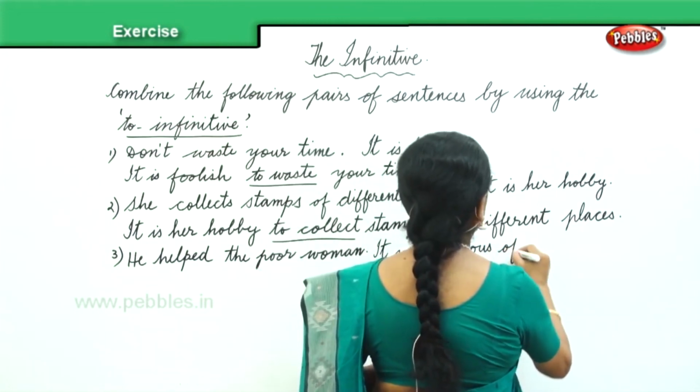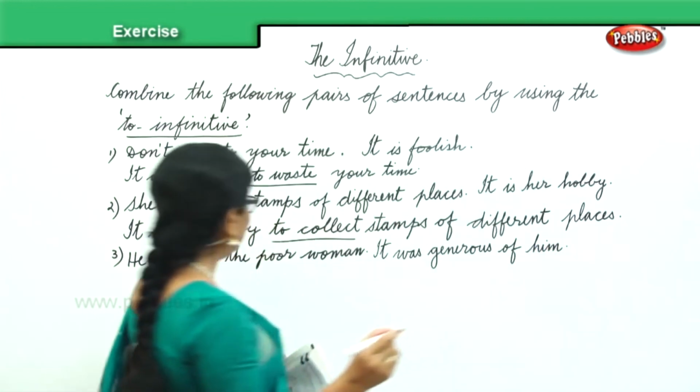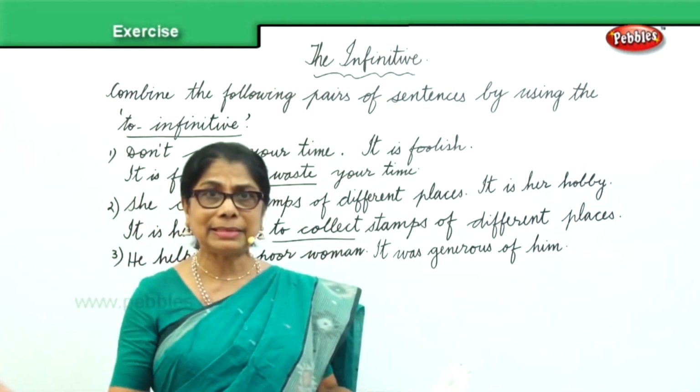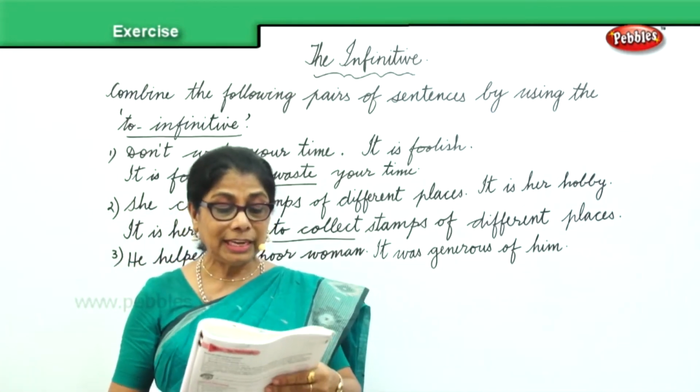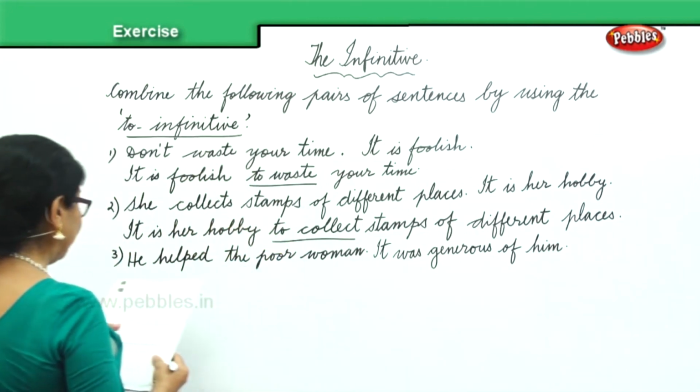It was generous of him. So if we have, he helped the poor woman, it was generous of him, let's combine it with the to. It was generous of him to help the poor woman.